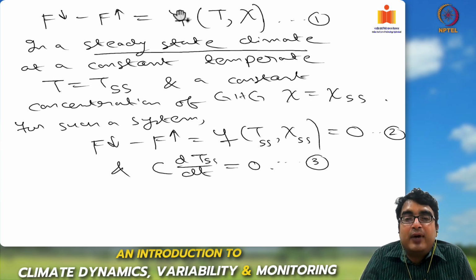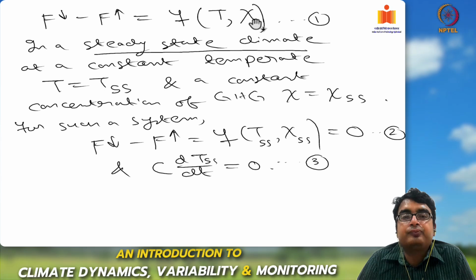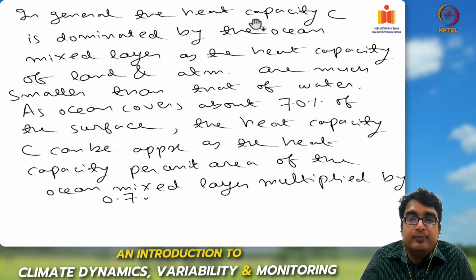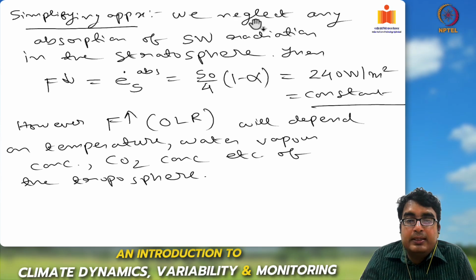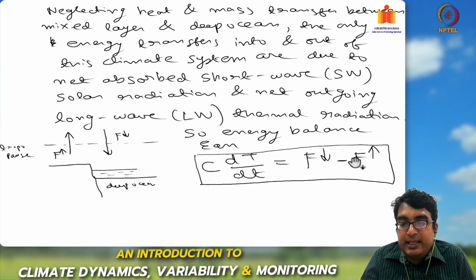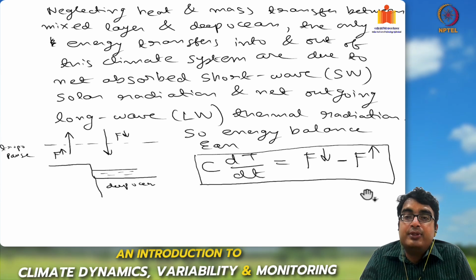So this will be a function of temperature and the molar mixing ratio of this greenhouse gas, which is given as chi or X. So here, then what we see is that this expression, F downwards minus F upwards, is a function of temperature of the system and the molar mixing ratio of the greenhouse gas in question.